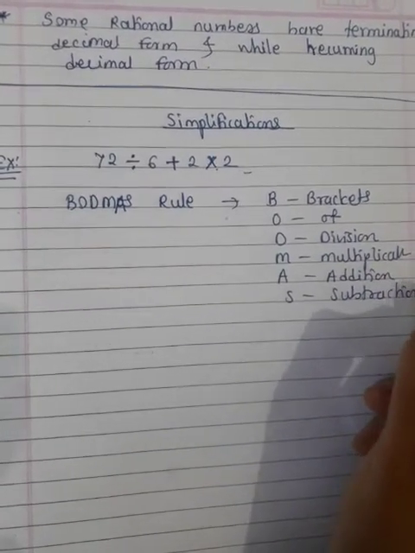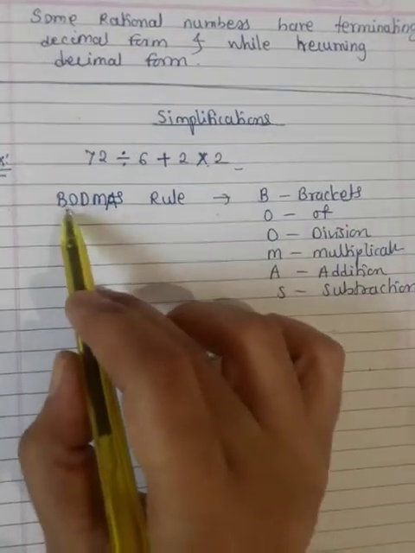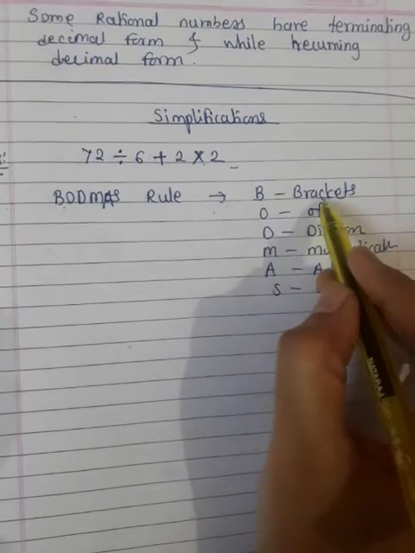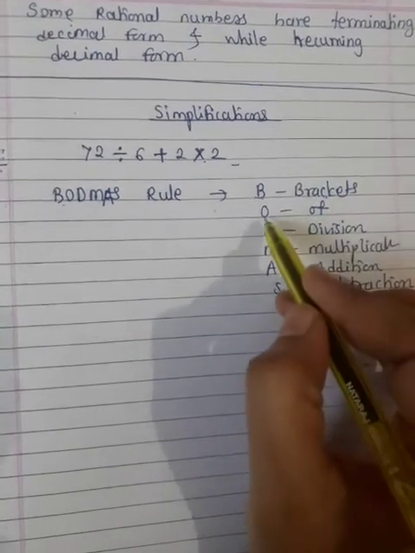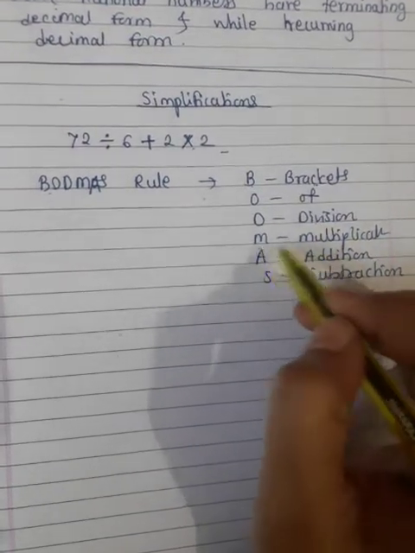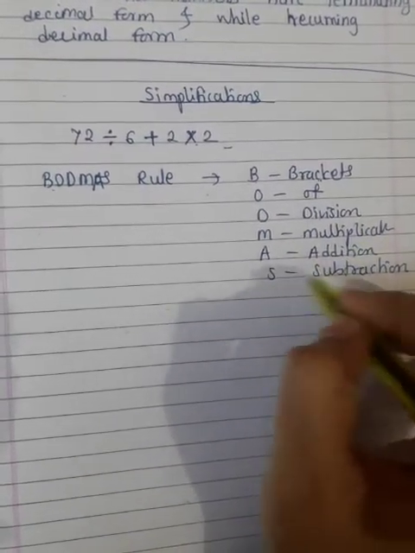To solve expressions by using the BODMAS rule, we have to keep this order: first solve brackets, then division, then multiplication, then addition, and then subtraction.